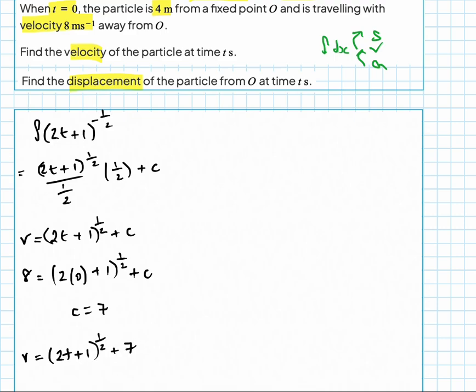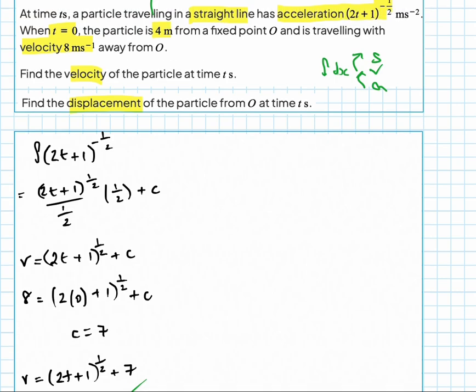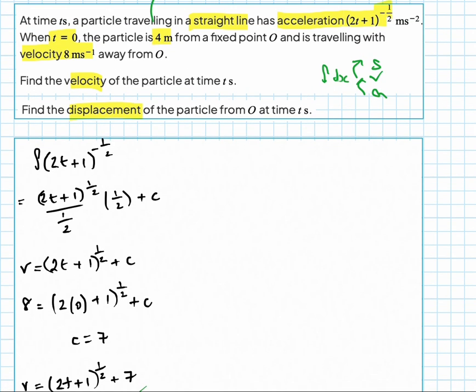In the second part, we find the displacement of the particle from the origin at time t seconds. You can probably guess at this stage, if you knew already, and that's good too. We're doing our mnemonic SVA and we're going upwards, so acceleration to velocity to now displacement.